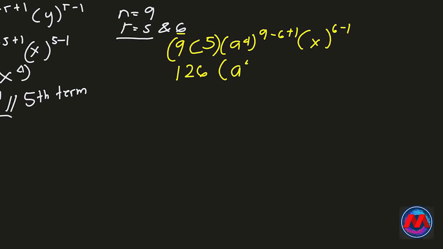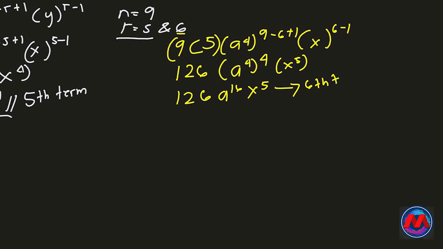That's a raised to 4. 9 minus 6 is 3 plus 1 is 4. X, 6 minus 1 is 5. Okay, so simplifying that, that's 126 a raised to 4 times 4 is 16. And that's x raised to 5. So this is the sixth term.